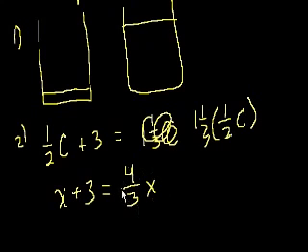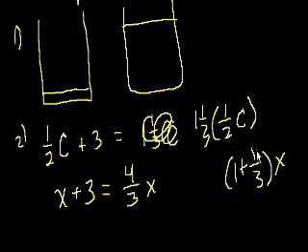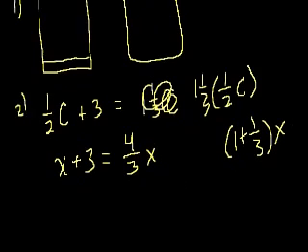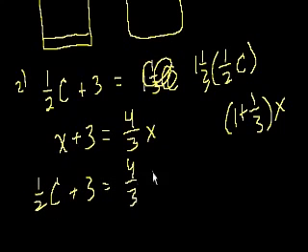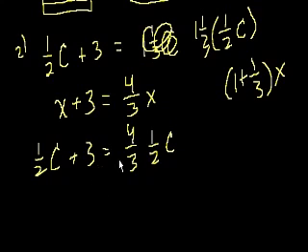This shows that x is increasing by 1/3. You could view this as 1 plus 1/3 times x. This is an increase of 1/3. And they tell us that our starting point is half of capacity. So that's where I get the 1/2 c. That's our starting point, plus 3 is equal to 4/3 times the starting point, which is 1/2 times c. And we could easily solve for c here.